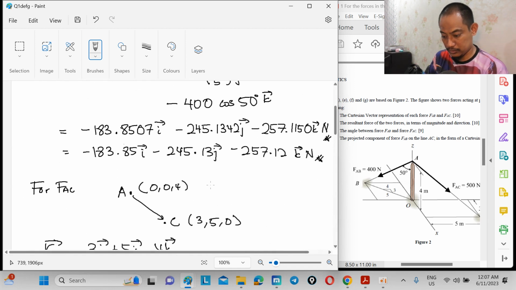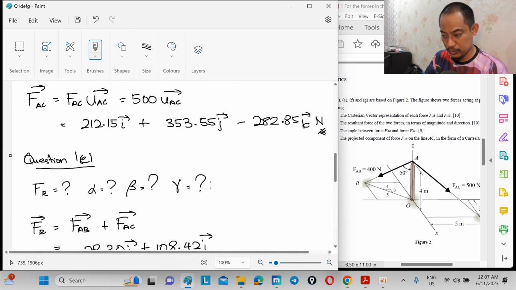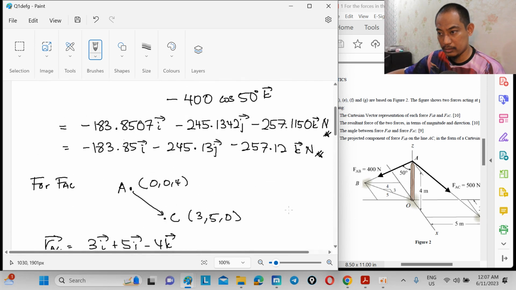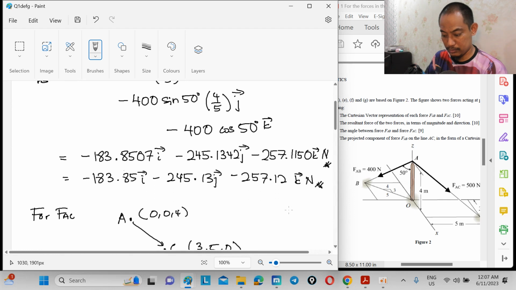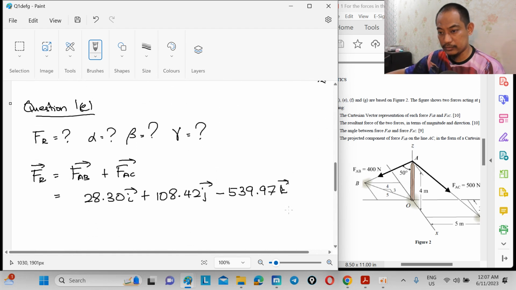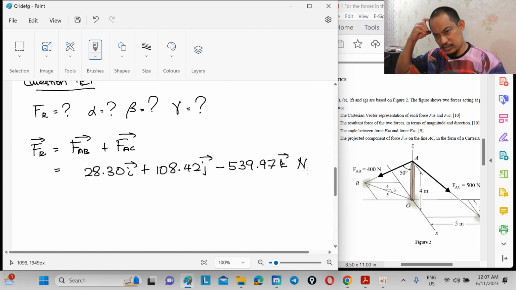And then k: minus 257.12 minus 282.85, that gives minus 539.97k Newton. Of course, this is not the final answer yet because we need the magnitude.